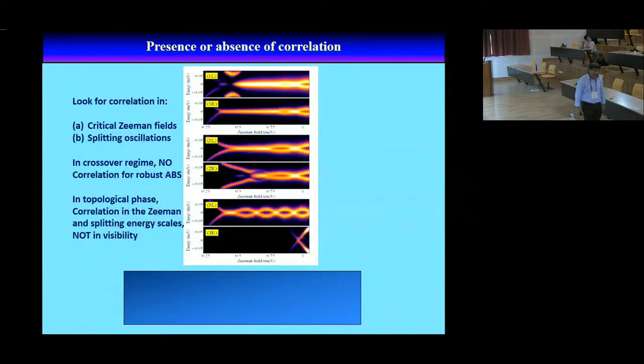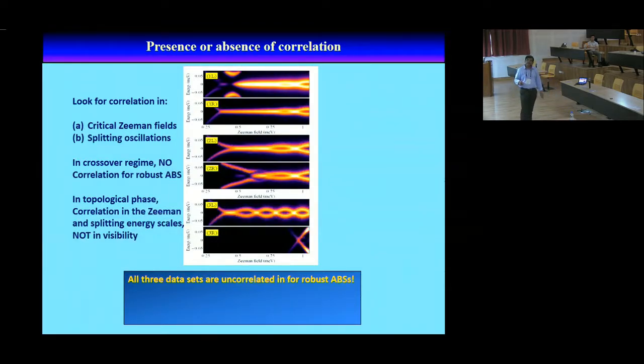You can make the barrier potential symmetric as well to get symmetric visibility. But even if the visibility is different, the energy scale at which you see the splitting oscillation should match. And that's the important point. Then you know that you are in the topological phase and you are looking at real Majorana zero modes.